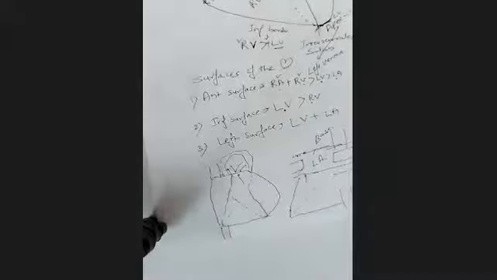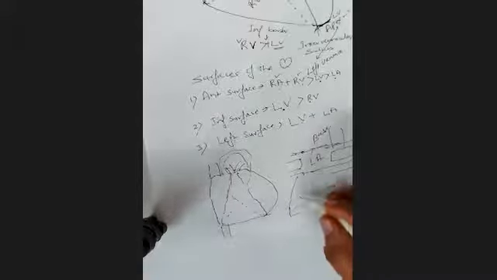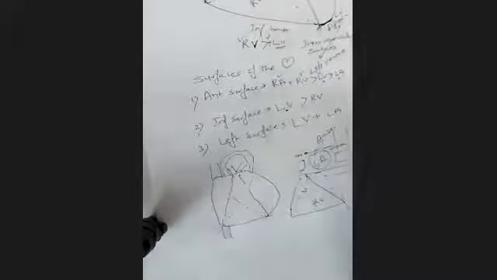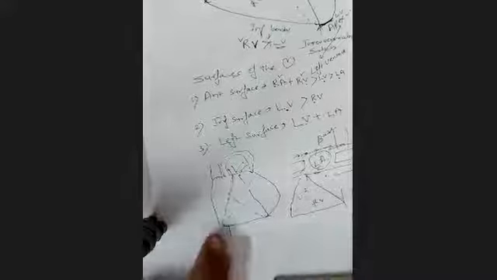Here we see the left atrium on the posterior aspect, and that is what forms the base of the heart. Then there is the left ventricle, the atrioventricular sulcus, then the right ventricle. But mainly what we see on the posterior aspect is the left atrium, which is forming the base. So that was about the external features of the heart.